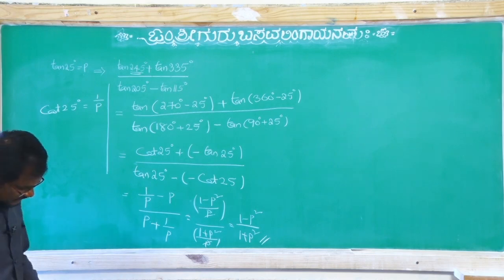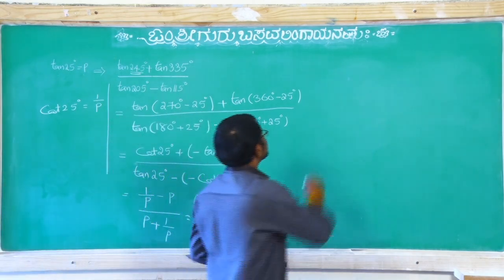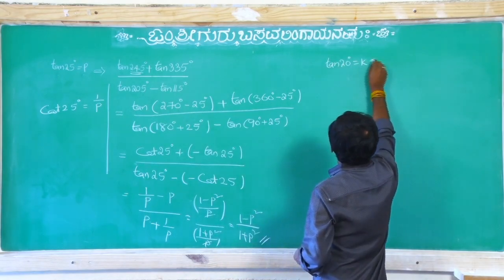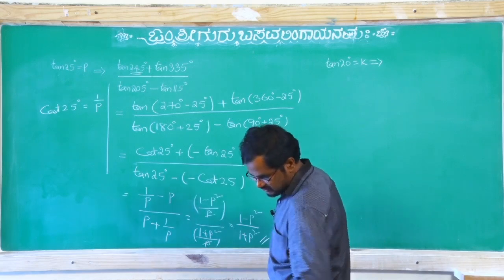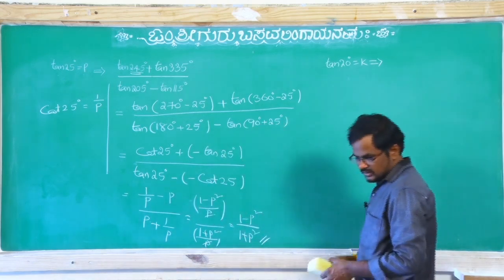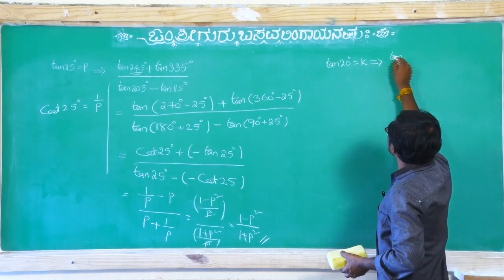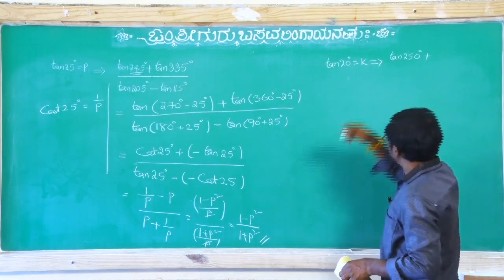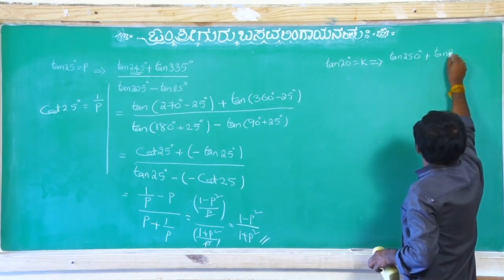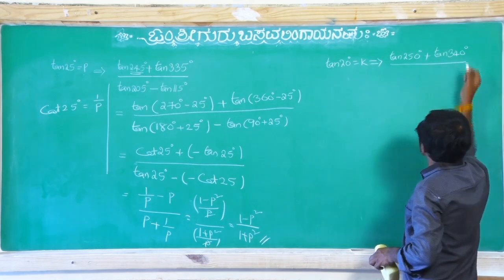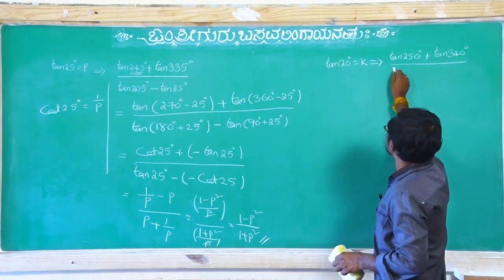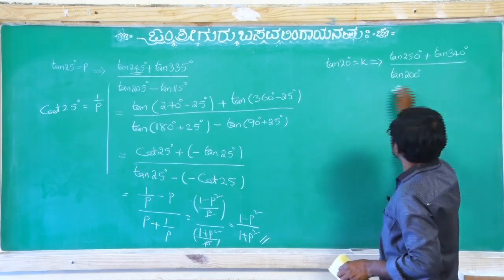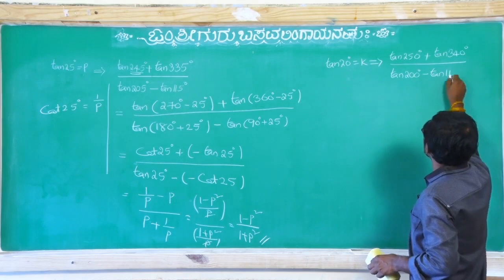Here what they given: tan 20 equal to k, then find the value of (tan 250 plus tan 340) whole divided by (tan 200 minus tan 110 degrees).